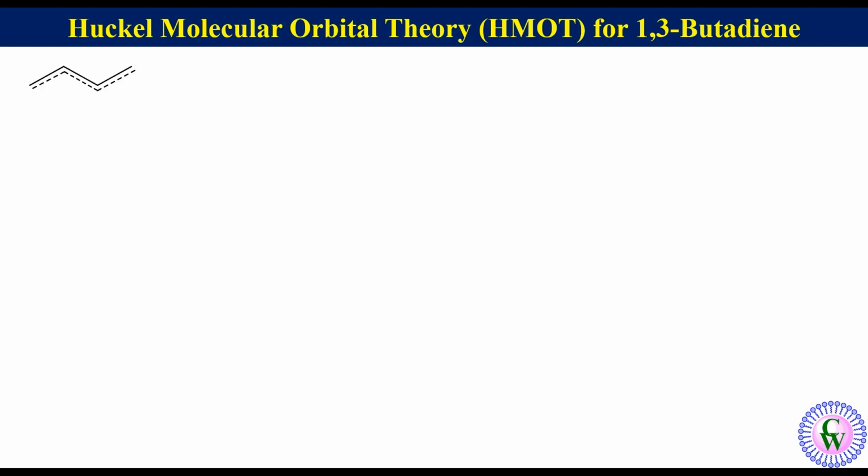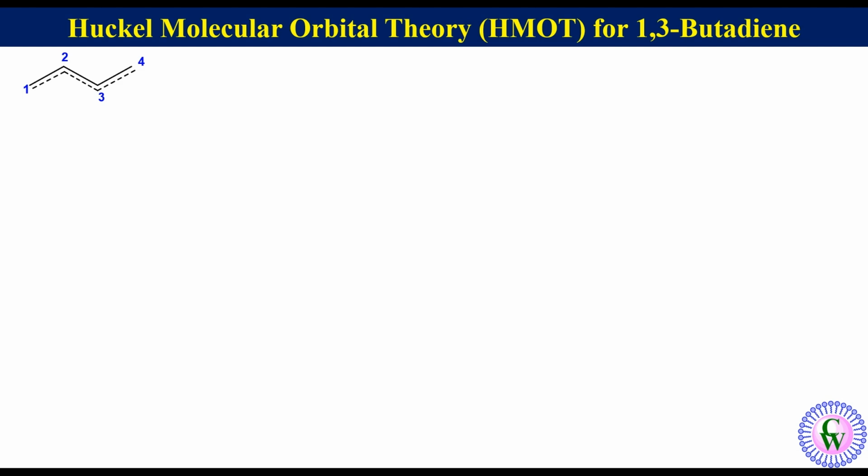This is 1,3-butadiene. There are 4 pi electrons delocalized across 4 carbon atoms C1, C2, C3 and C4.